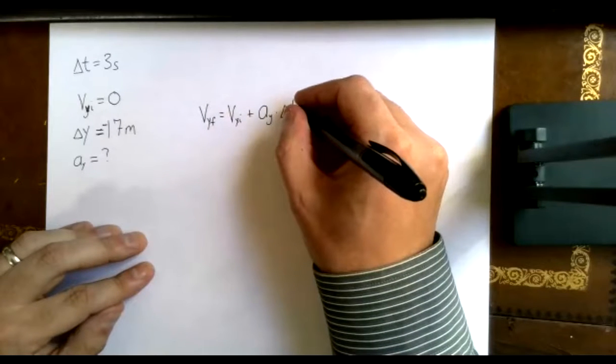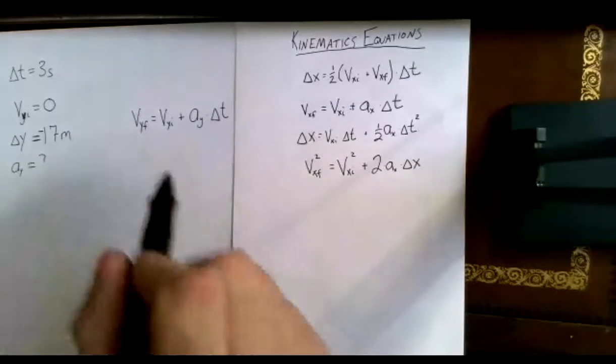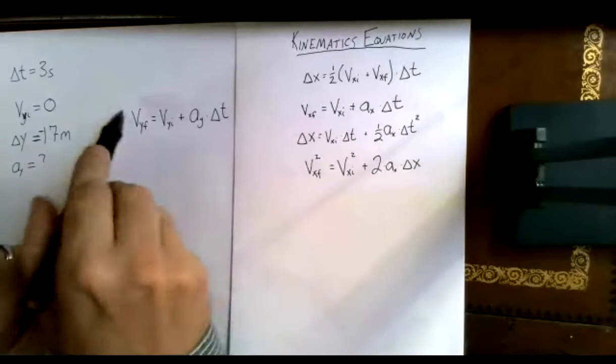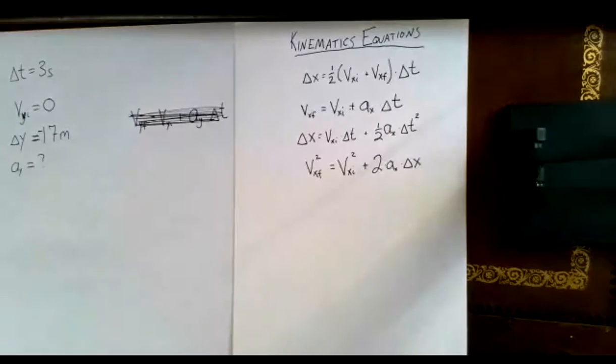Wait a minute. I think it's the third one. Yeah, but this isn't the right equation either, right? This one doesn't have the displacement in it, but we need the displacement. And this one also has VYF, and we don't have that. So not the second one. That's okay. Jose's right. It's the third one, right?